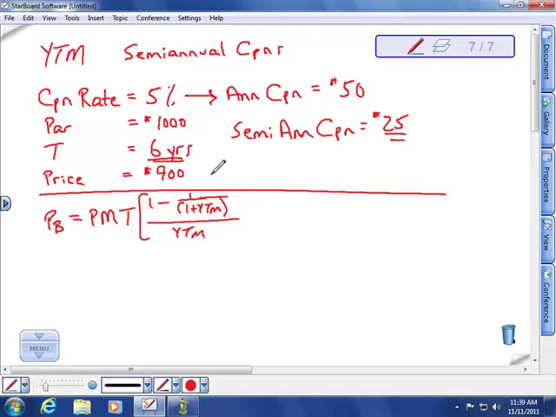We have 6 years, but these coupons are paid twice per year. That's going to give us a total of 12, or 2 times 6, 12 coupon payments. So 12 periods. We'll be discounting 12 of these payments. And then the par value of $1,000 will be 6 years from now, or 12 6-month periods from now.